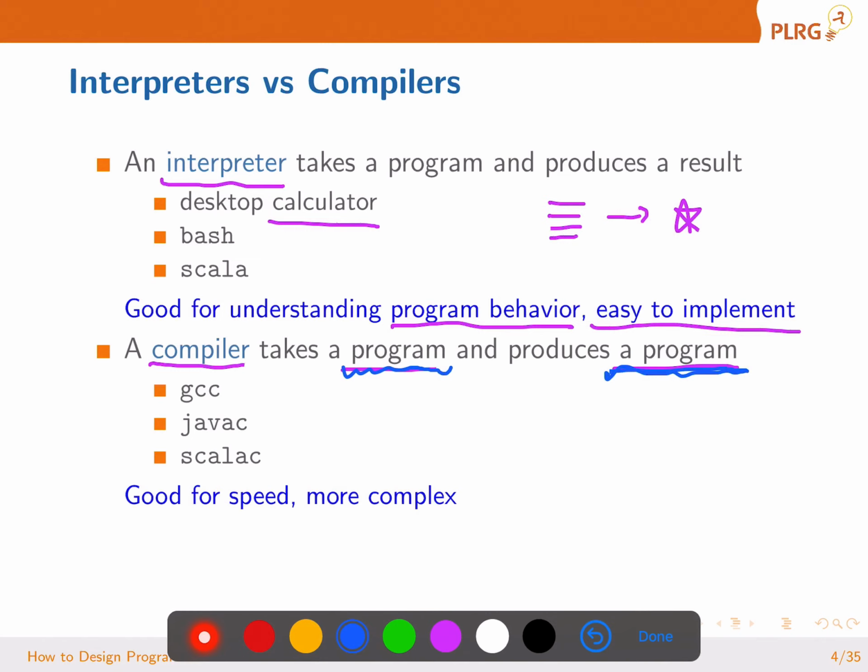For example, when you compile a C program by using GCC or some other compilers, then the source program, the input program is written in C and it produces some, say, a.out, some object code. When you compile a program written in Java, it produces Java bytecode, a .class file, like that.